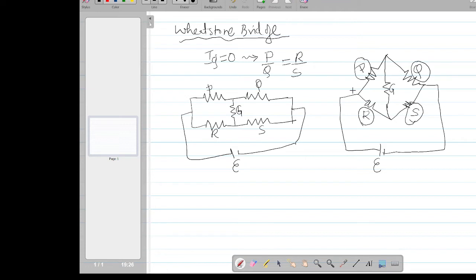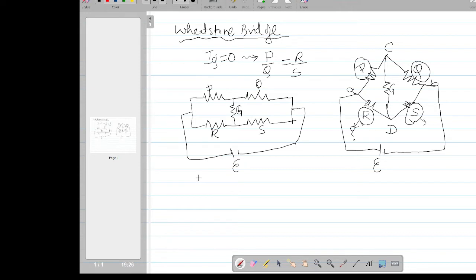Between A and B we have connected a battery supply, and between points C and D I have connected a galvanometer. So P and Q are the known resistances, R is the unknown resistance, and S is the standard resistance.